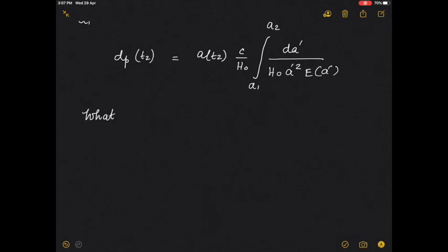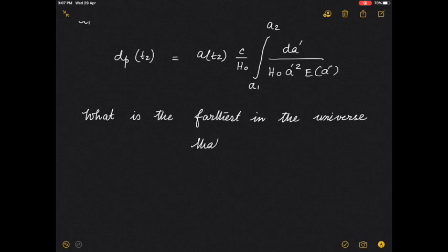Now we can ask the following question. What is the furthest in the universe that we can see?